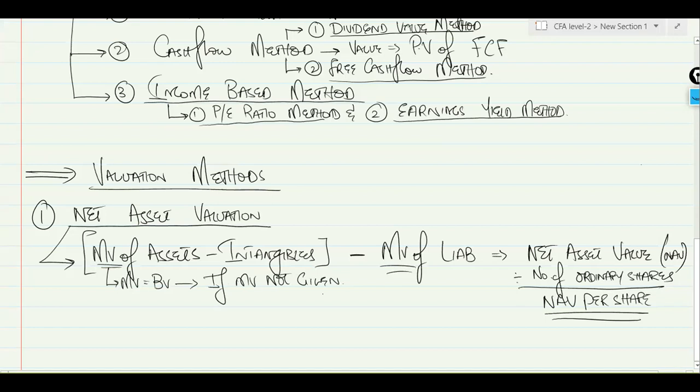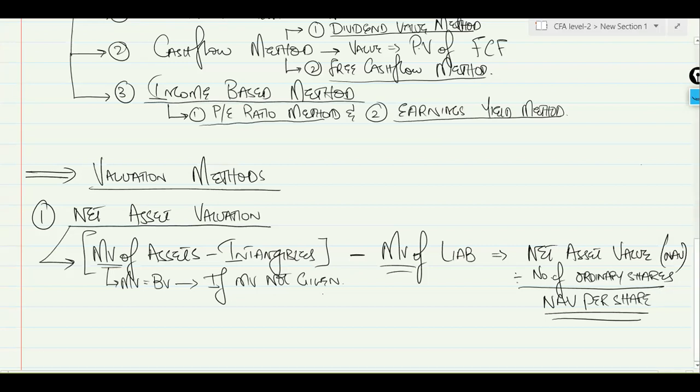In that case, we assume that the book value will be considered as the market value. So this is called the net asset valuation method of a business.